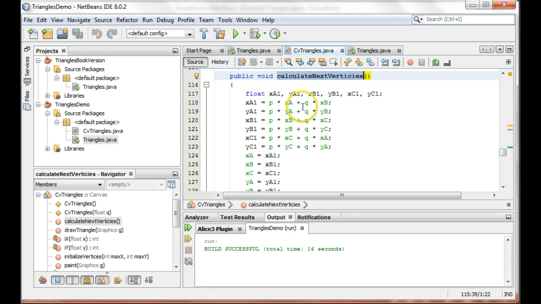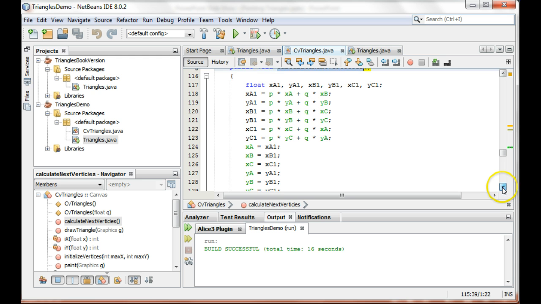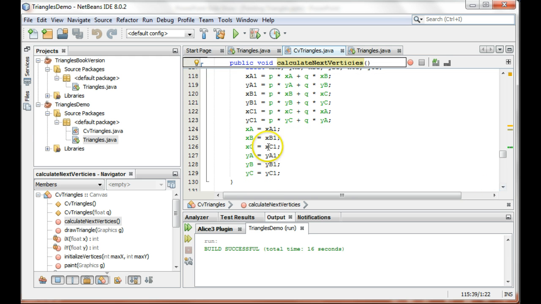The first part is our setup part, where we get all our A1, B1, and C1 values. And then the next thing we do is whatever was formerly in XA1 gets assigned to XA. XA gets a new value that was the XA1. XB gets the value that was XB1, and so on.